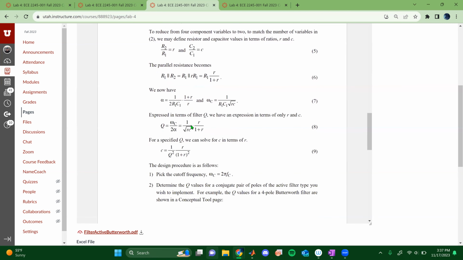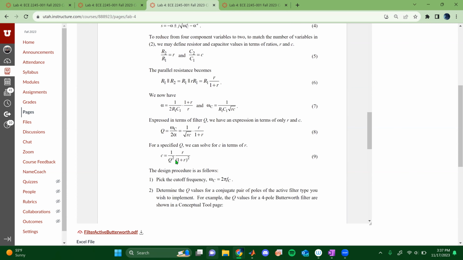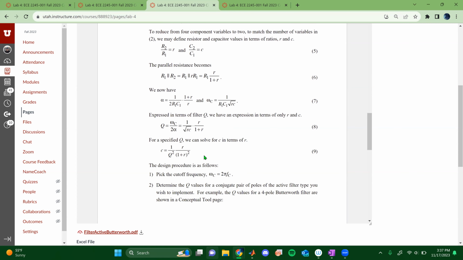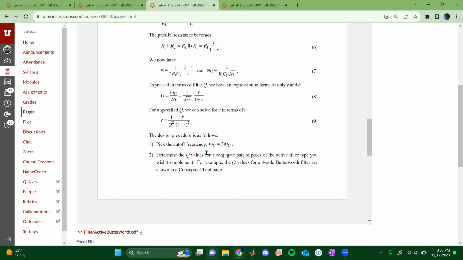We can plug those into Q, and then we can solve that equation for Q for this ratio of the capacitors.